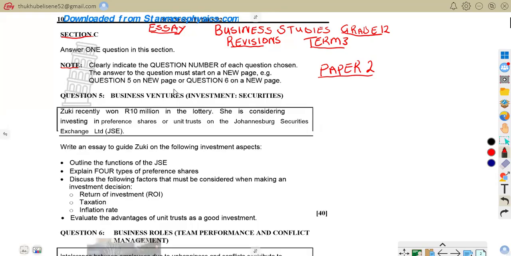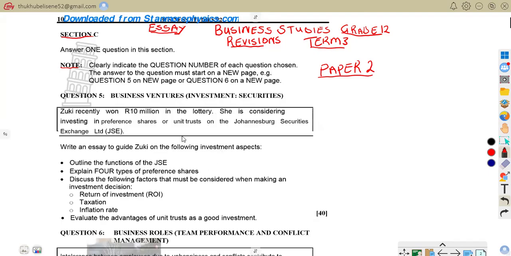Example, Question 5 on a new page or Question 6 on a new page. So you are to answer one question, but we are going to answer both Question 5 and Question 6 to make sure that we prepare ourselves and are ready to write the coming Paper 2 that we are going to write very soon.